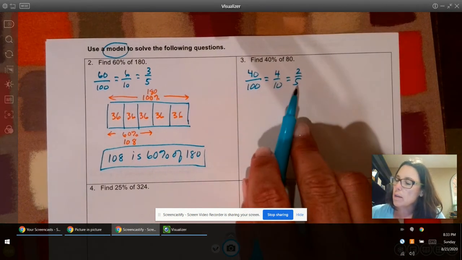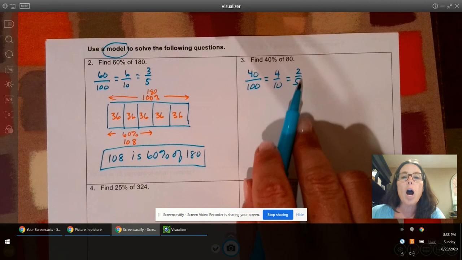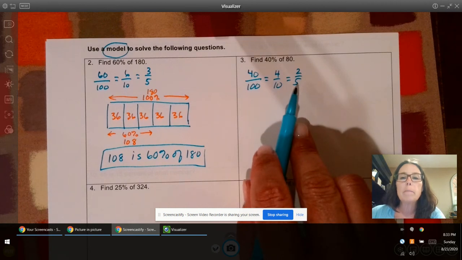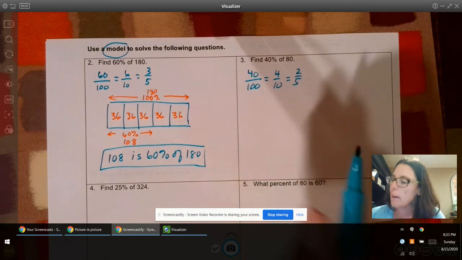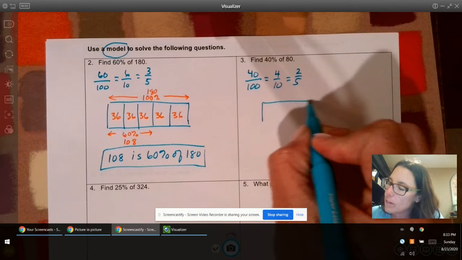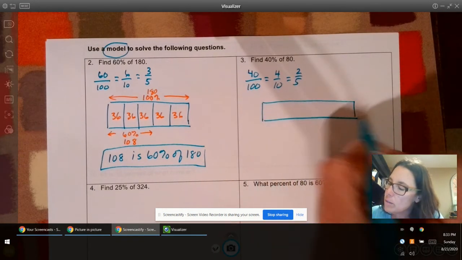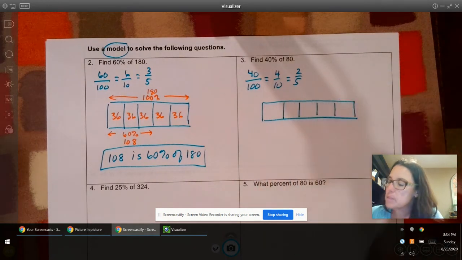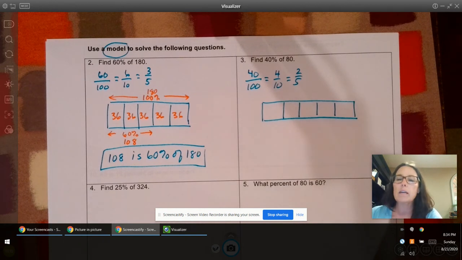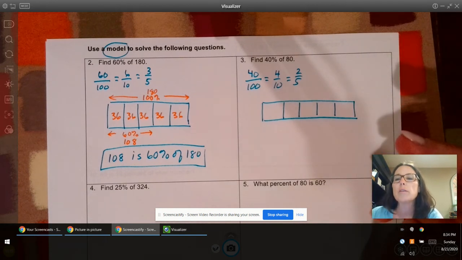So I'm going to do a box with 5 total parts in it, and I'm going to be looking at 2 of them. So I've got a rectangle. My rectangle is divided up into 5 boxes, and again, we're humans, but try to make them looking as close to one another as possible.